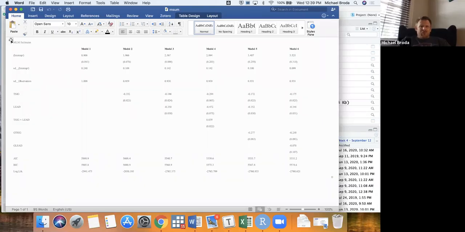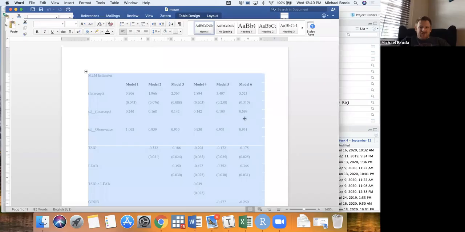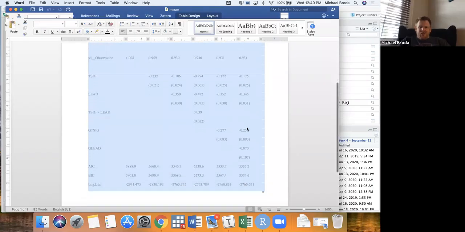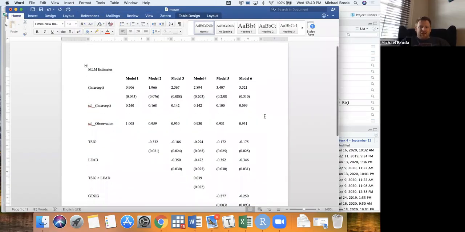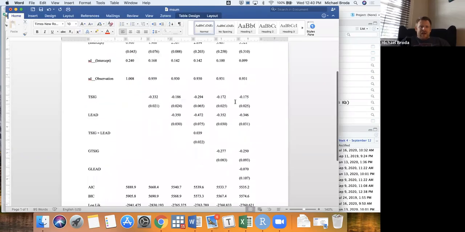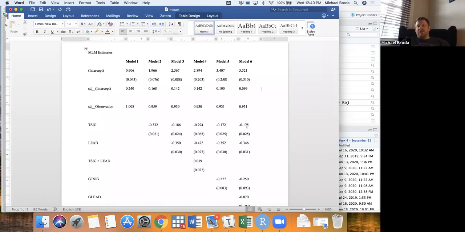And you can clean this up a little bit, so you can click on this sign, you can highlight everything. First of all, I want to switch this from web view to page view. So there are all 6 models. That looks great. You can make everything black to get everything lined up. And there you have a really nice summary of all the models all on one page, and you don't have to sit there and type in all the values.